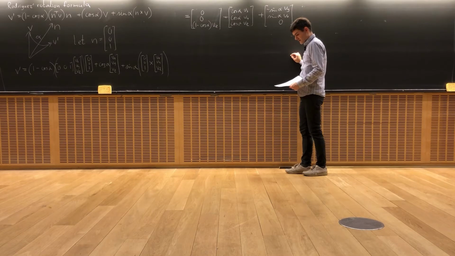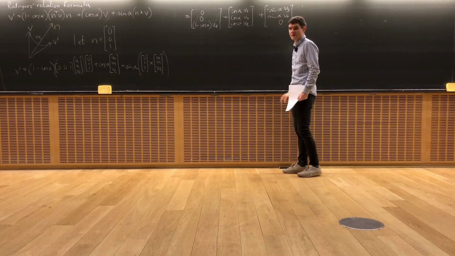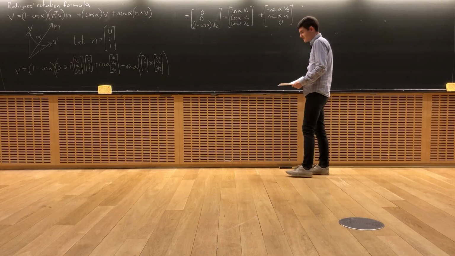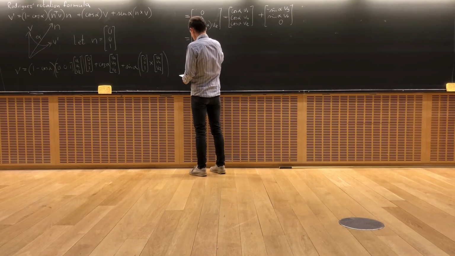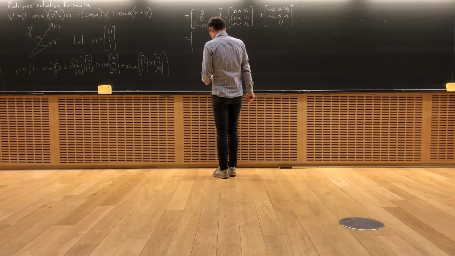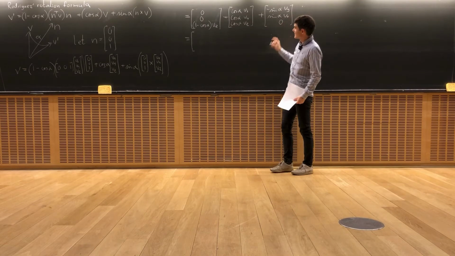And then I need to try to organize this a little bit. Now it's a bit messy, but I can stitch these things together so I get a single vector. So for the first two, I have these cosines and these sines.